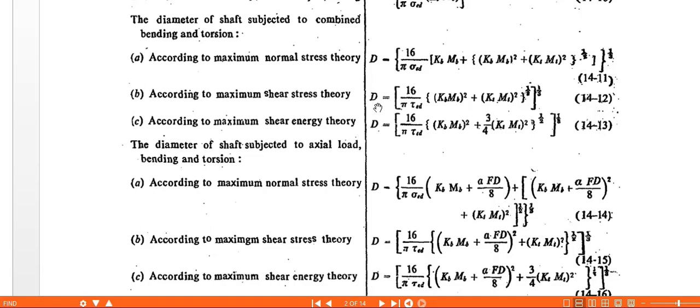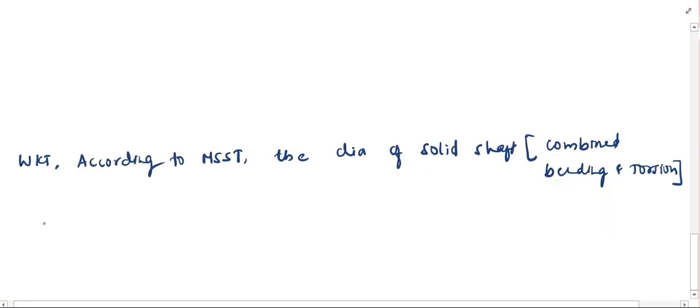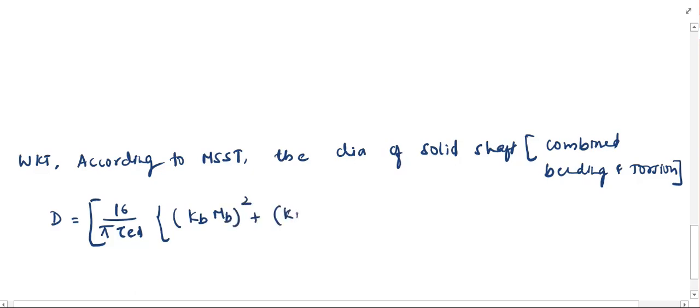According to maximum shear stress theory, D is equal to [16 by pi tau ED times ((Kb Mb) whole square plus (Kt Mt) whole square) to the power 1 by 2] to the power 1 by 3.